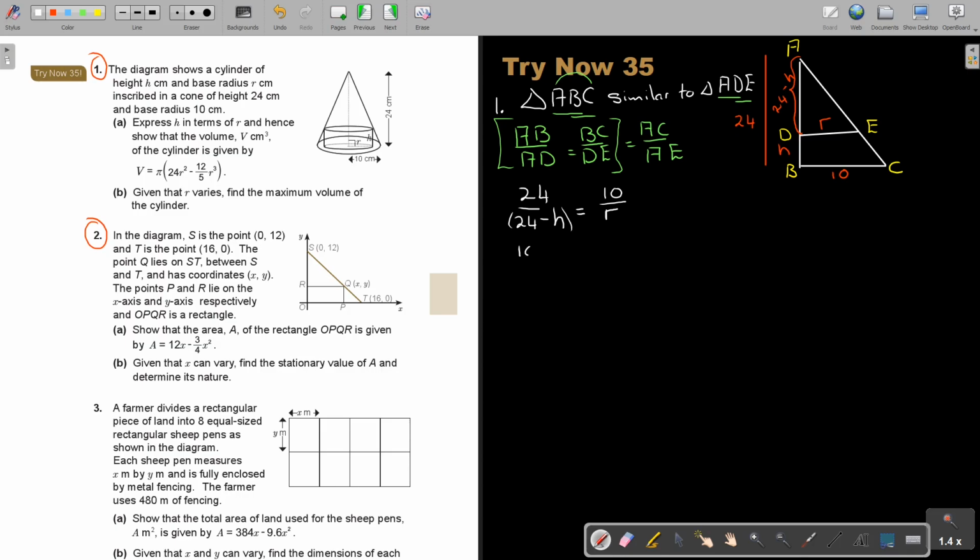So I get 10 times (24 minus h) equals 24r. If I multiply this in, I get 240 minus 10h equals 24r. But I must make h the subject. So I think it's better to take it over because it's negative. That's why I take it over.